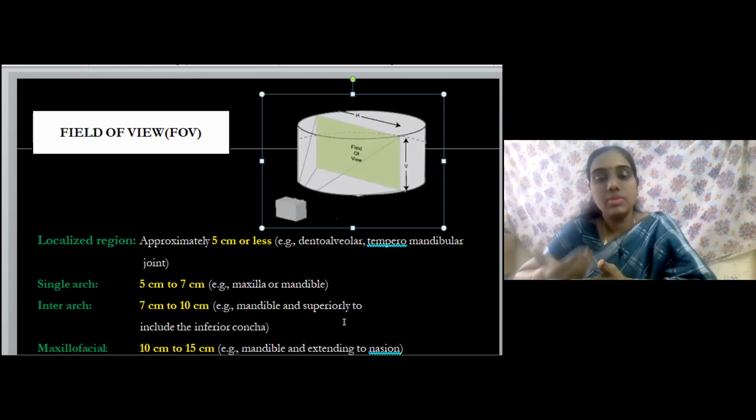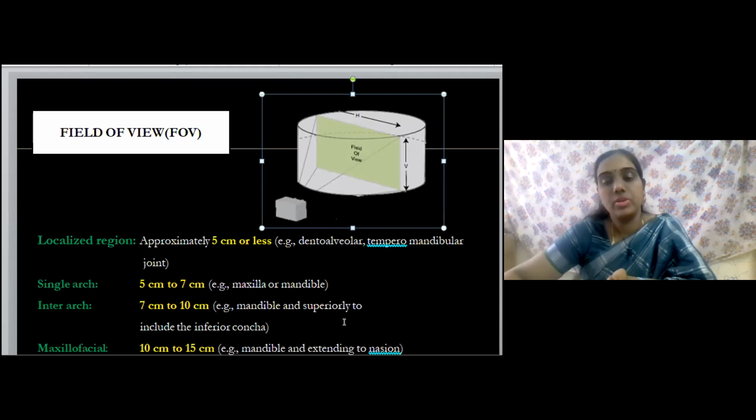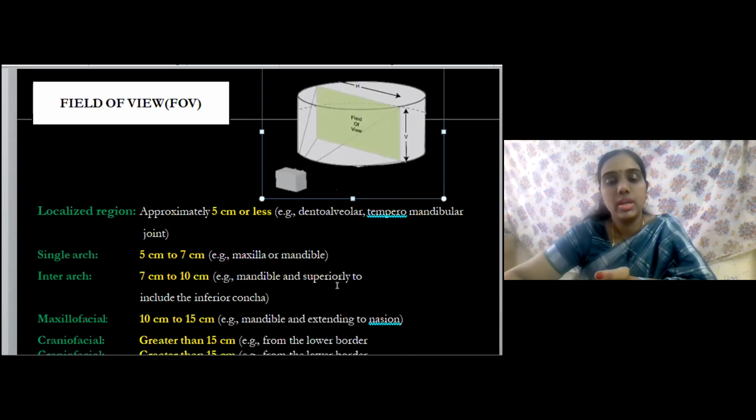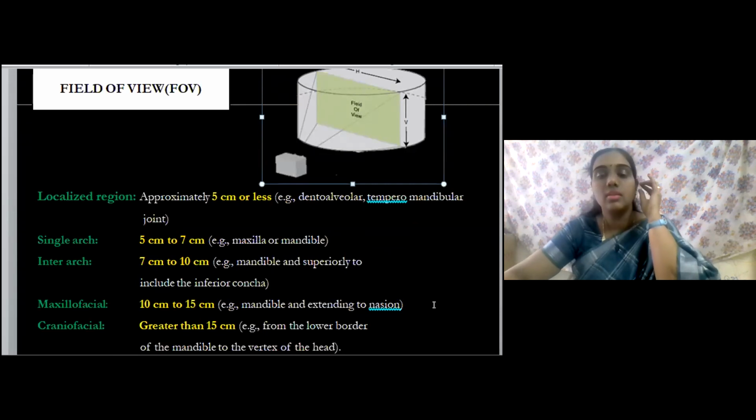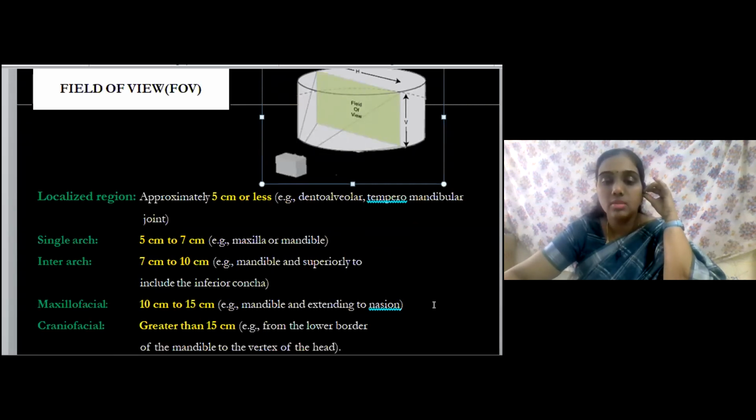Interarch is around 7 to 10 centimeters. For example, you can take both maxilla and mandible. Then there comes a maxillofacial region up to the nasion level, and then the craniofacial, where you can take from the lower border of the mandible to the vertex of the head. So these are the available FOVs, and all the latest machines provide all these FOVs.